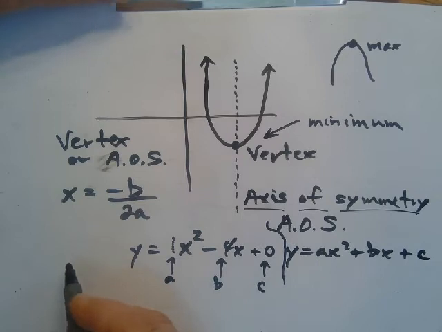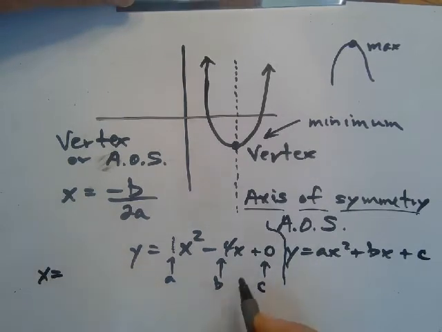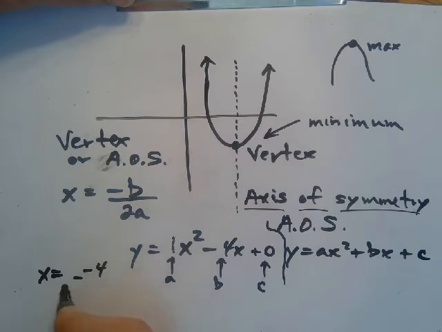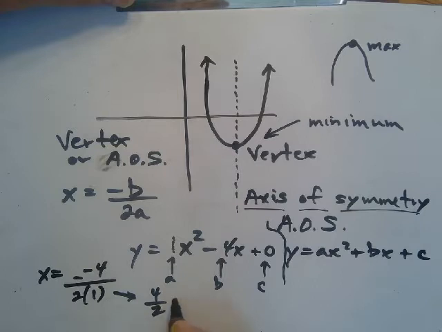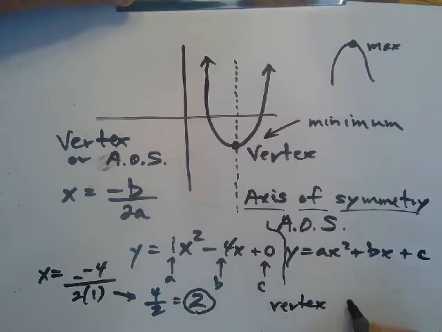So x is equal to negative b, well, negative negative 4, over 2 times a. 2a, well, a is 1, so 2 times a, or I end up with positive 4 over 2, which is 2. So it tells me that the center of my graph, the vertex, is going to be at 2 something.